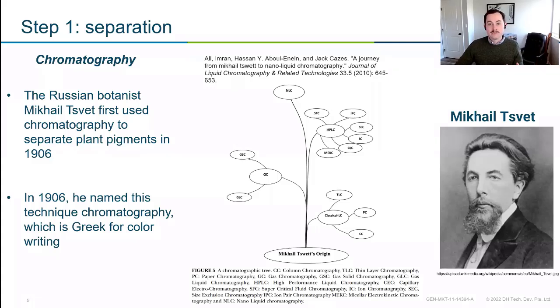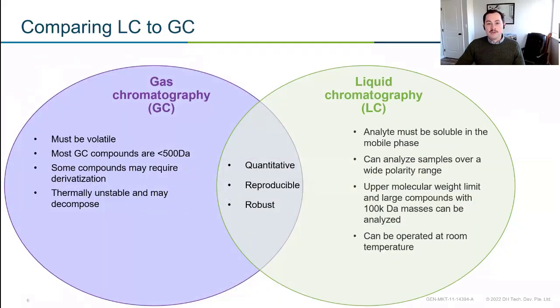The main difference is that with gas chromatography, we need our compounds to be volatile for it to be a reasonable approach. With liquid chromatography, we need those compounds to be soluble. That's the distinguishing factor of whether we go with a GC approach versus an LC approach.